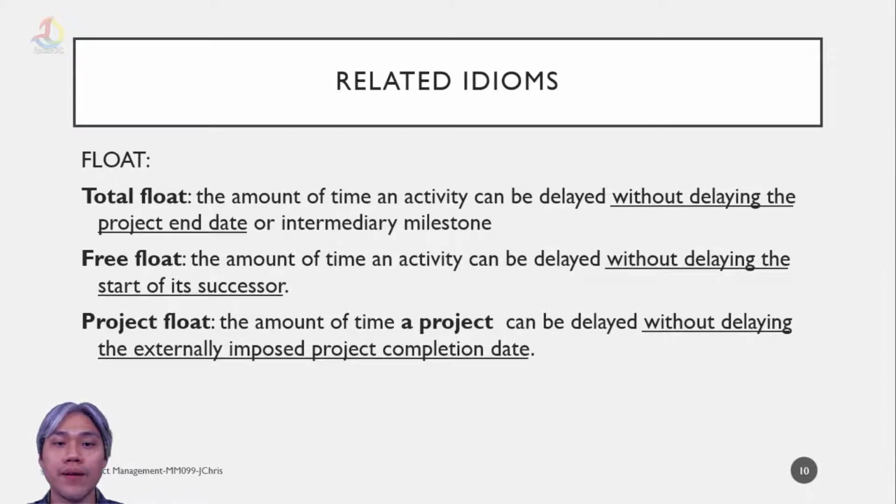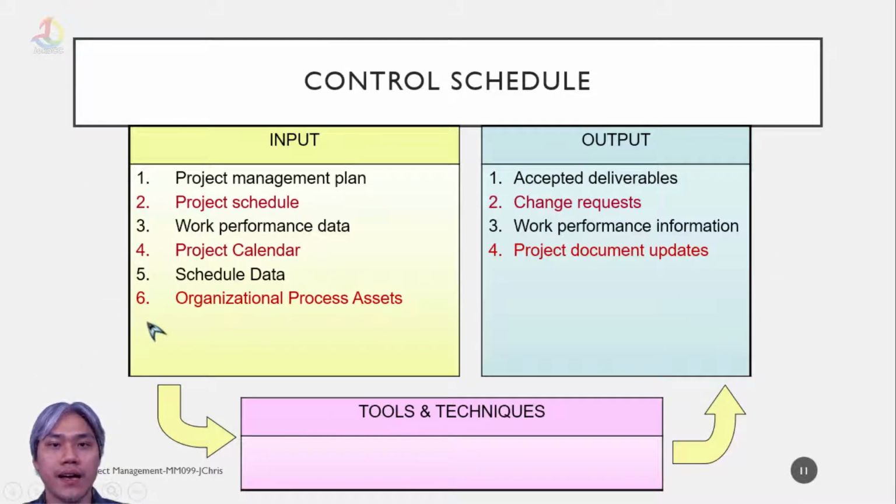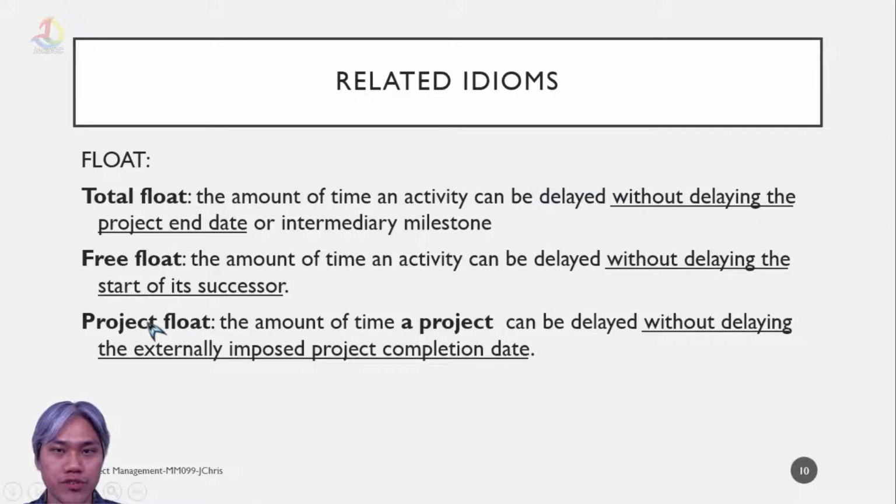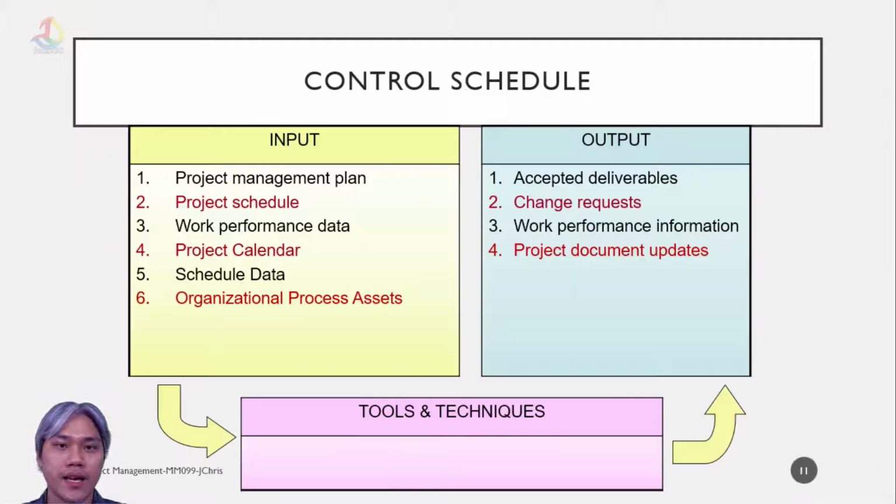Free float is the amount of time an activity can be delayed without delaying the start of its successor, the next in line. Project float is the amount of time a project can be delayed without delaying the externally imposed project completion date. We're going to talk more about these three terms later.